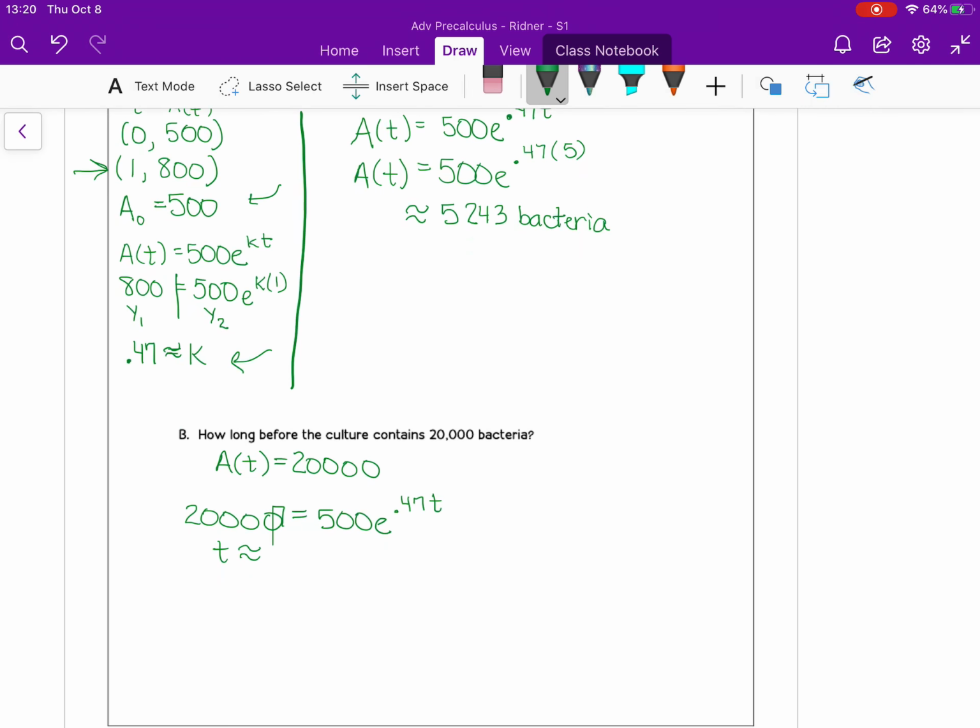So t would have to equal approximately 7.85 hours. Now remember, that is not 7 hours and 85 minutes, because if that were, that would actually be 8 hours, right? So to figure out how many minutes 0.85 is, well, there's 60 minutes to an hour.